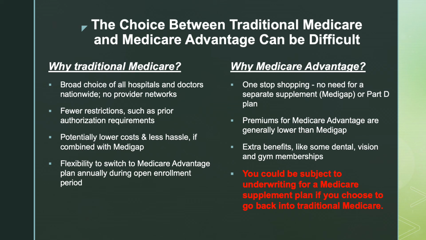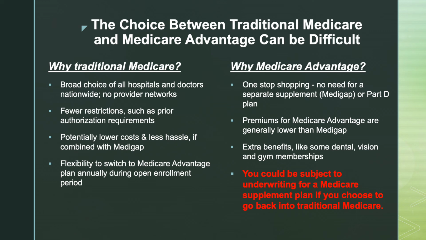This slide provides you with some of the pros and cons of traditional Medicare and Medicare Advantage. With traditional Medicare, you have more freedom to choose your providers. Medicare Advantage provides one-stop shopping. There's no need to purchase a Medicare supplement or a Medicare prescription drug plan.